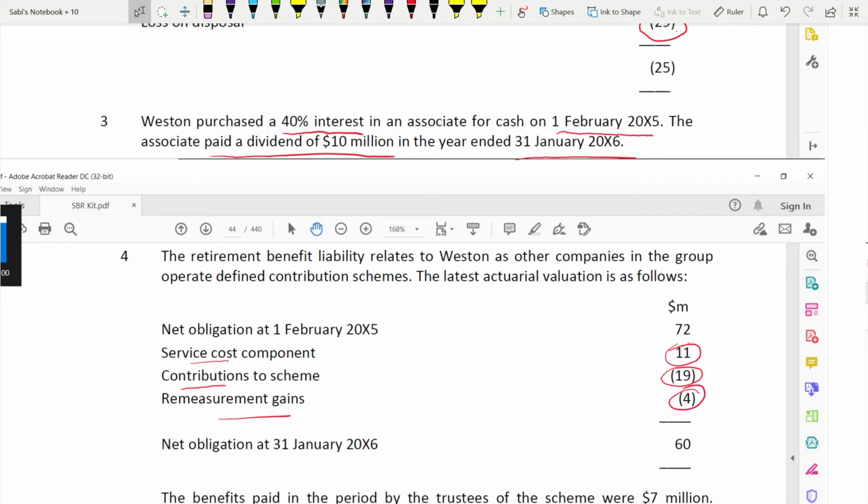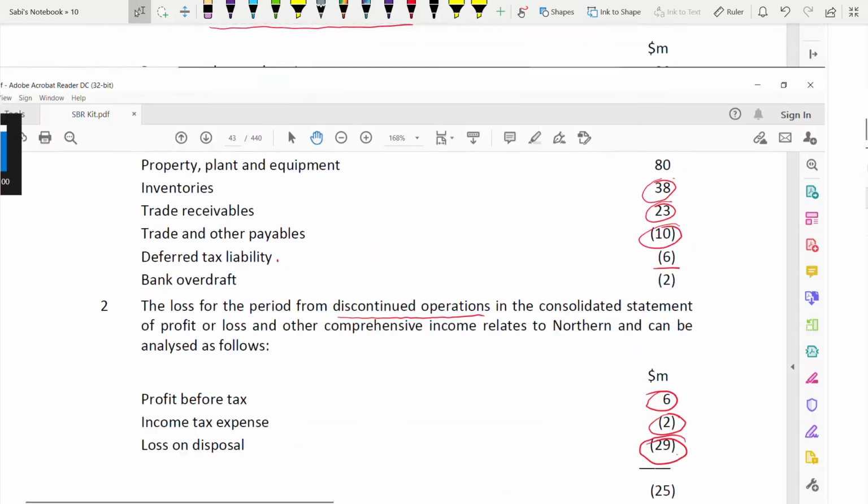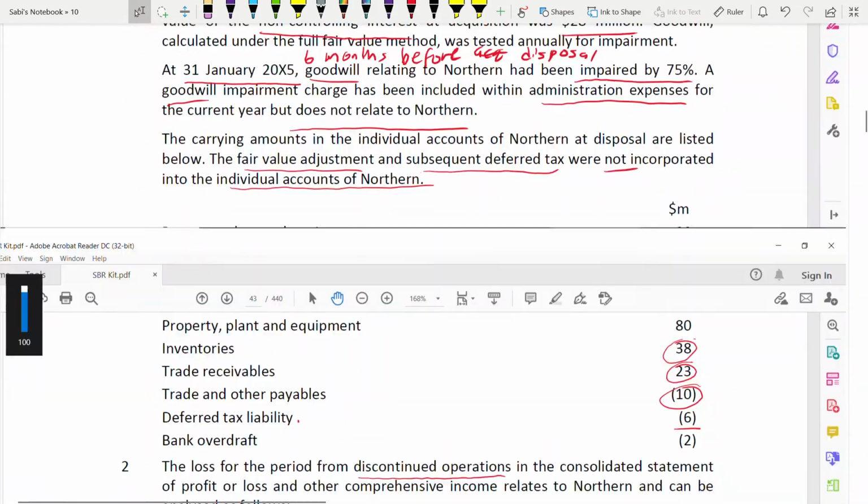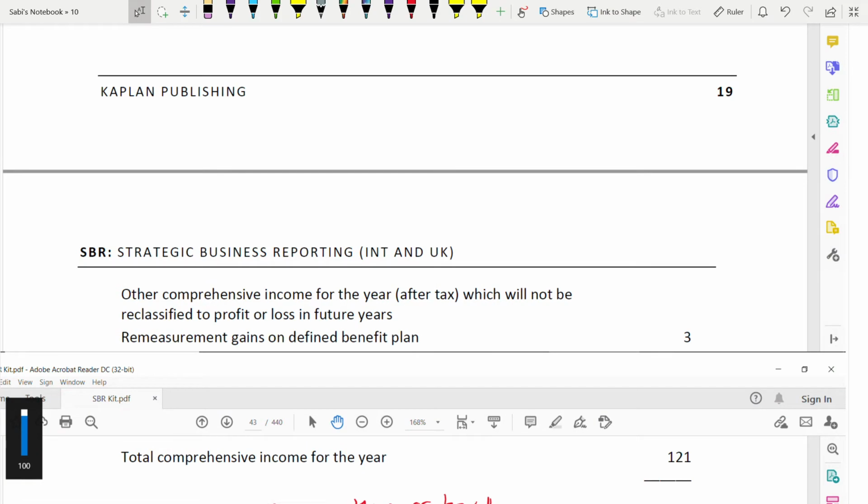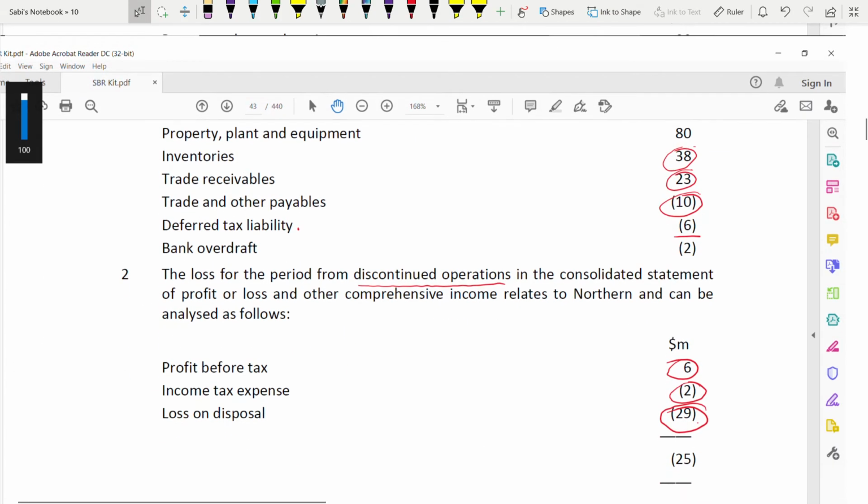This 4. Don't take this remeasurement gain, the 3, and not this deferred tax liability.